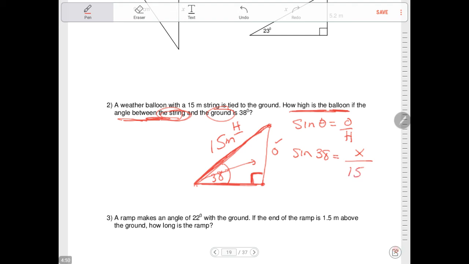Yes, it's 15. Hopefully by now you understand this step. We have to multiply those two. So sine 38, close bracket, times 15 is about 9.23 meters. That means the balloon is 9.23 meters off the ground.